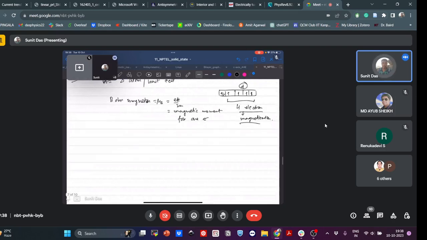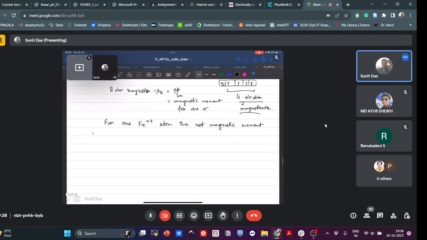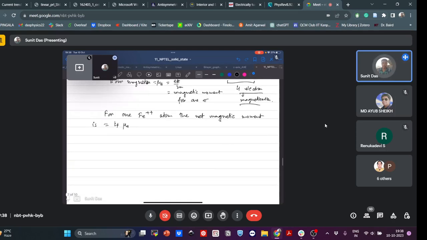So for one Fe plus plus atom, the net magnetic moment is 4 mu b, right? 4 Bohr magneton.